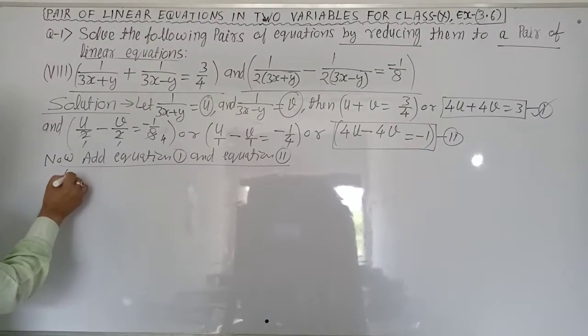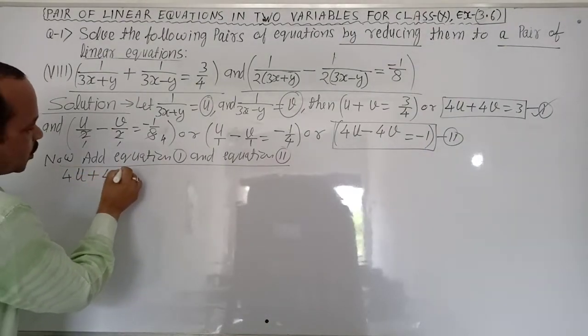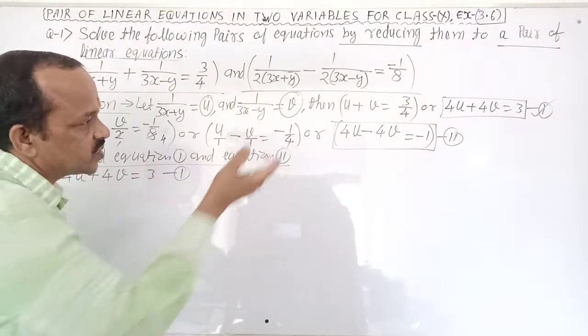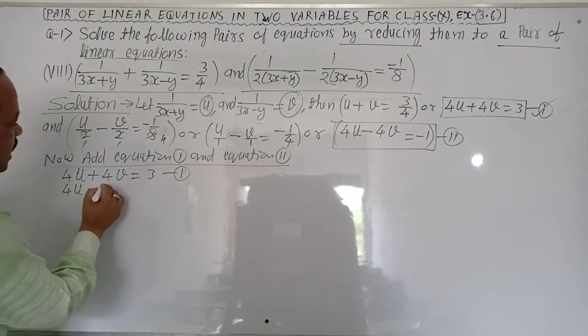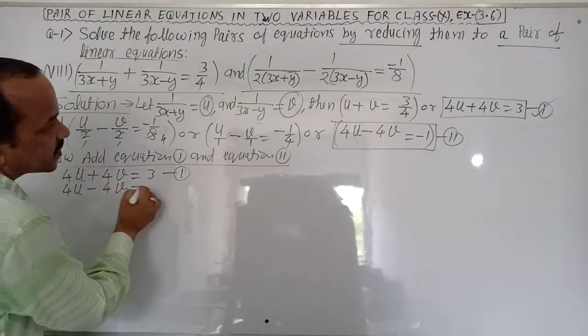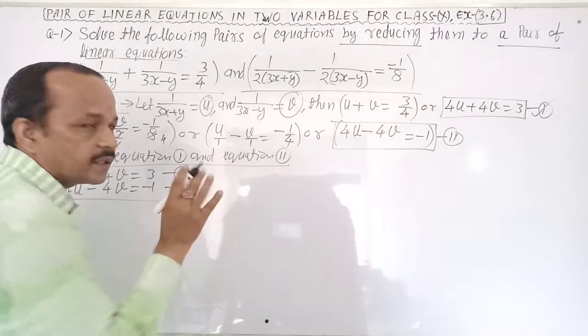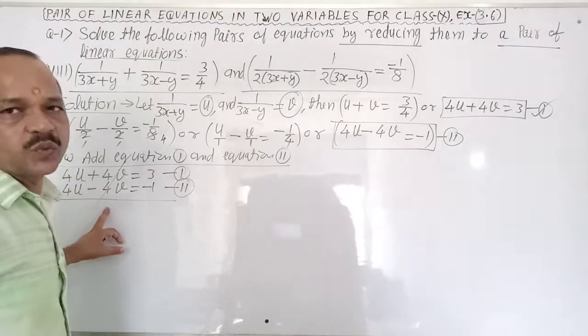Equation first is 4u plus 4v equal to 3. Equation second, 4u minus 4v equal to minus 1. Clear? You cut plus 4v and minus 4v.